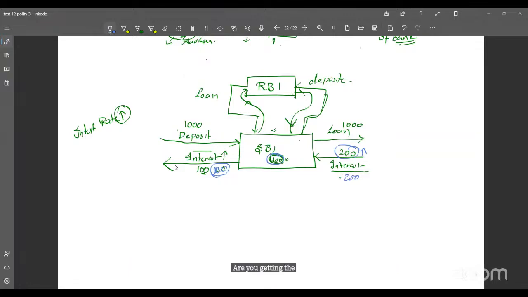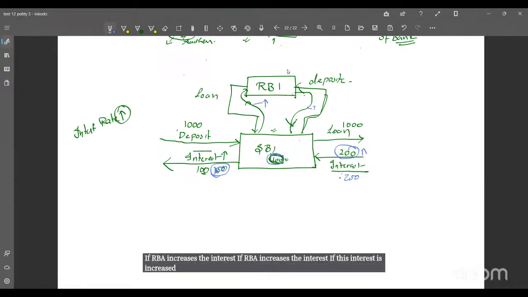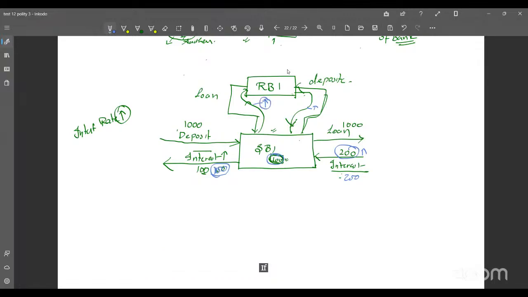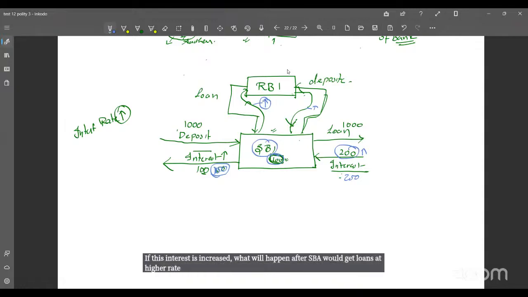If RBI increases the interest, this interest also has to be increased. If this interest is increased, what will happen? SBI would get loans at a higher rate, which means it has to give loans at a higher rate.